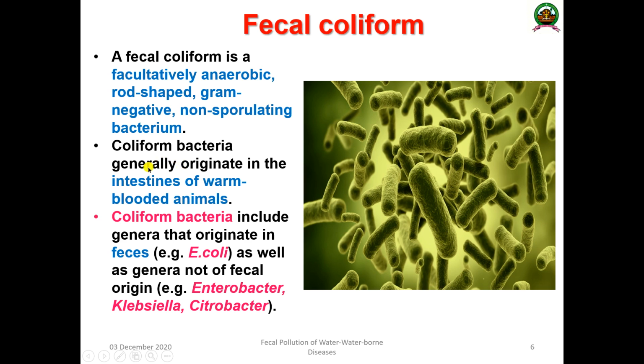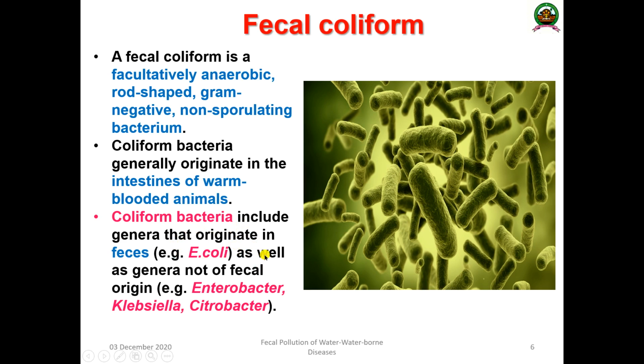I told you these fecal coliforms generally originate in, and are commonly present in, the intestine of warm-blooded animals. The common type of coliform bacteria is E. coli.